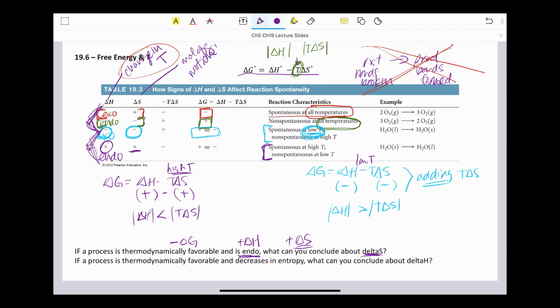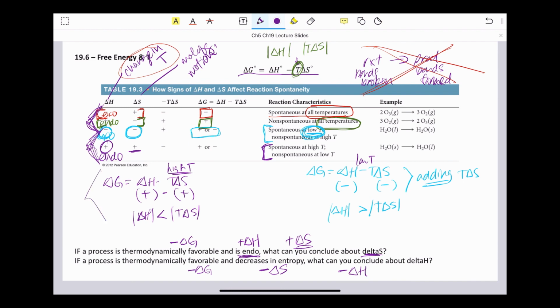Follow up: if a process is thermodynamically favorable, negative delta G, and decreases in entropy, so negative delta S, what can you conclude about delta H? Well, the only scenario where that's possible is if we also have a negative delta H. Does that make sense?